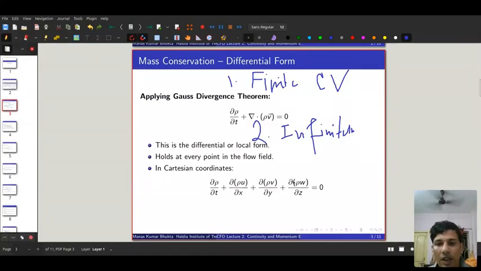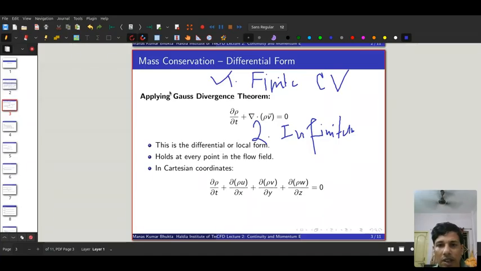For the first one there are two cases. One is when the control volume is fixed, and the second is when the control volume is moving with the fluid. These two approaches will again be applied for the infinitesimal small element.